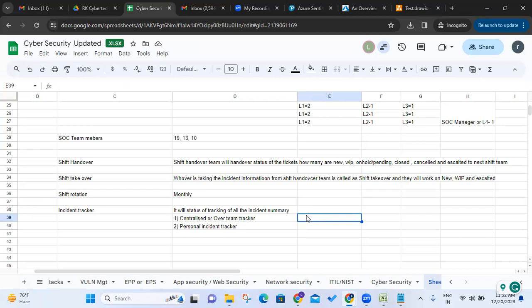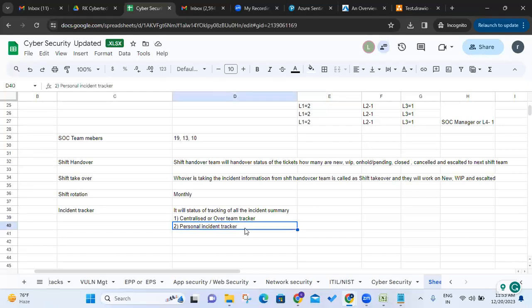Either you can update the centralized shift handover tracker, which may be located in OneDrive, Google Drive or SharePoint, or else directly in Teams, or maybe through email. So these are all the options.